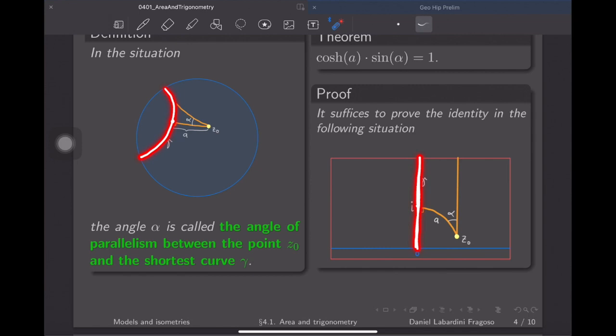Then, applying a rotation, an elliptic transformation, if necessary, I assume that the point Z0 lies to the right of the imaginary axis. All of this I can do up to applying Riemannian isometries that preserve the orientation.